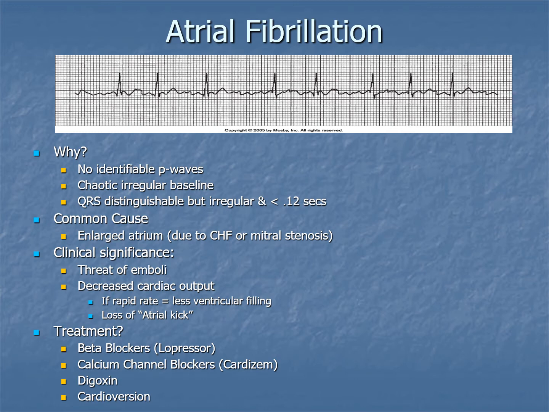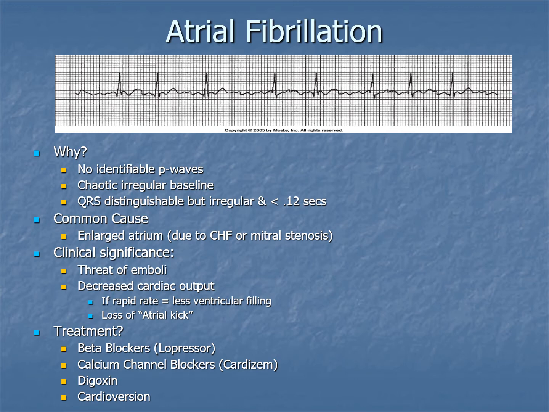The other thing that happens is because the coordination between the atria and the ventricles is now thrown off, cardiac output will drop. So there is this loss of what's known as the atrial kick. The smooth lub-dub is not happening the way it should.